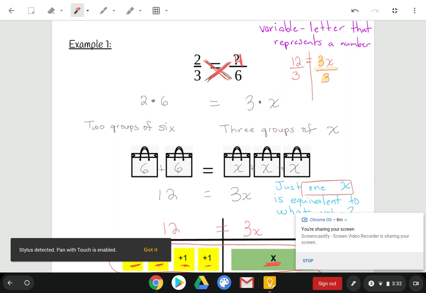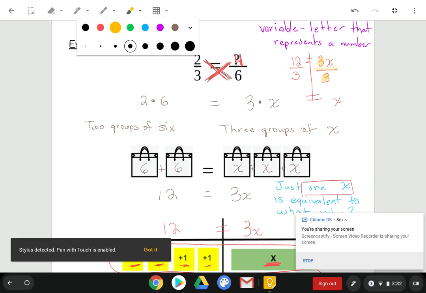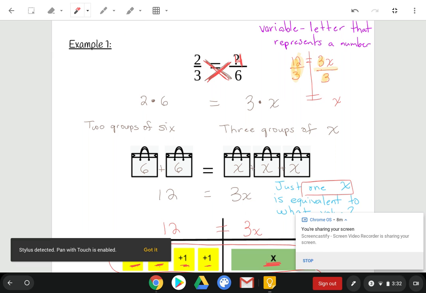Well, 3 divided by 3 is just 1. So the only thing I'm going to have over here is 1x. And we're going to learn that we don't really write the 1 in front. It's understood it's only 1x. So we generally just write the x, and that's equal to 12 divided by 3, I already told you the answer, is 4. So our answer is x is equal to 4.